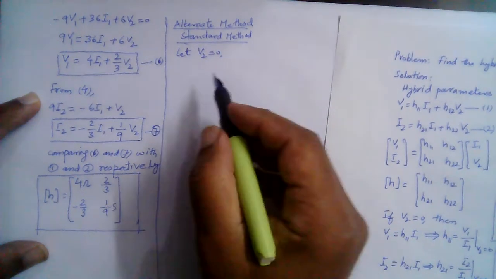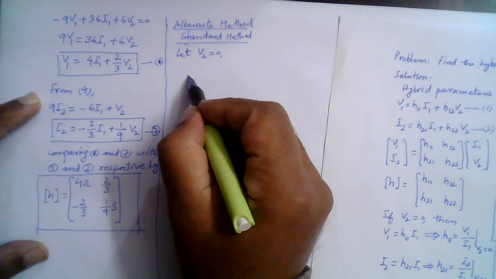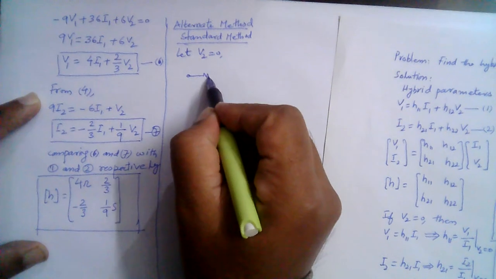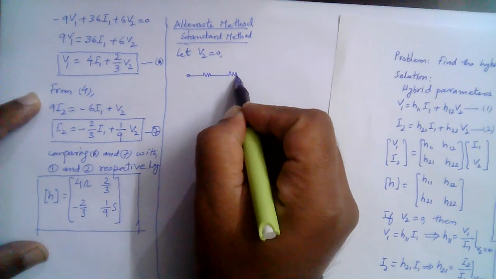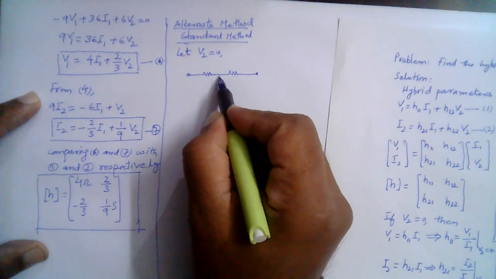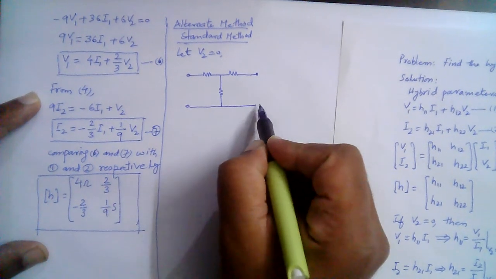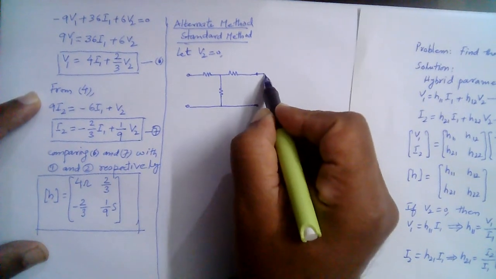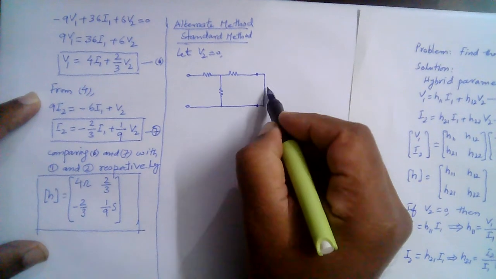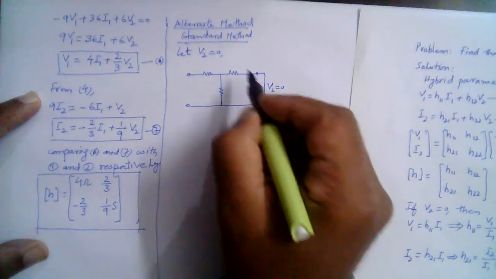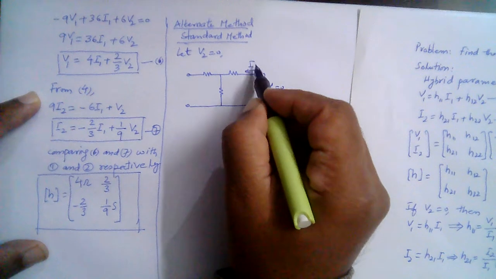So let me redraw the circuit here. So this is a T network, right? So we short circuit this. So V2 is equal to 0, and this is the current I2 flowing in.